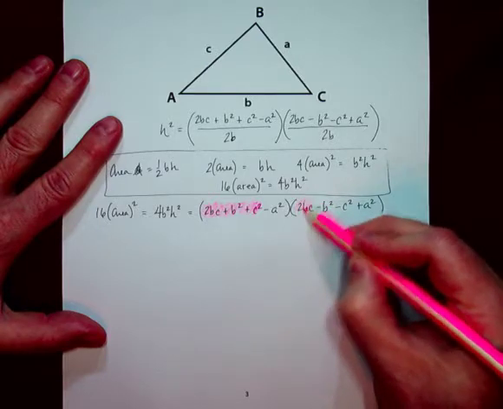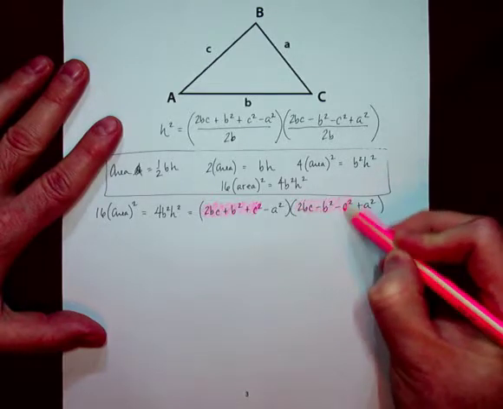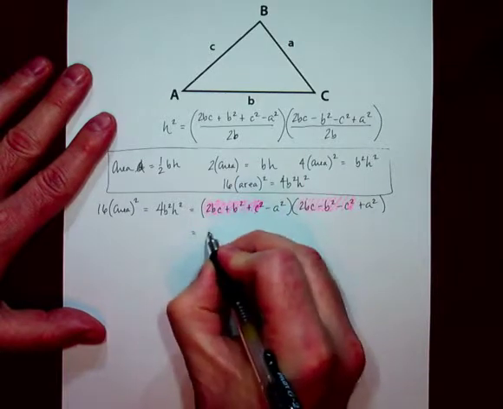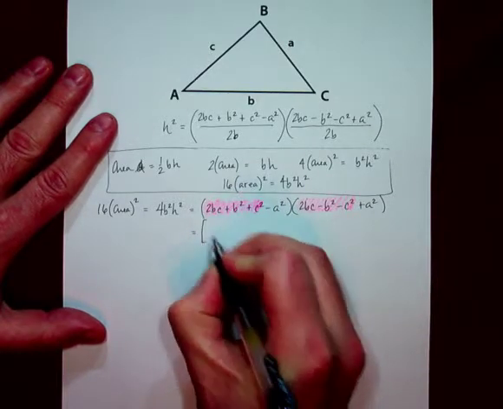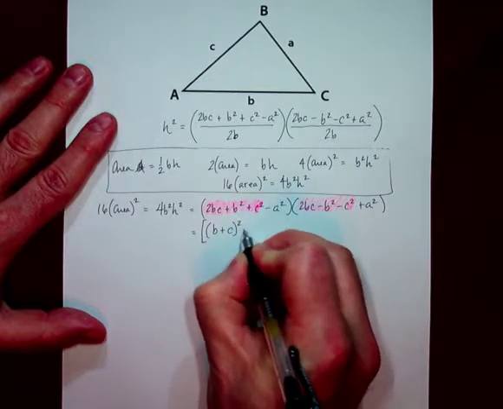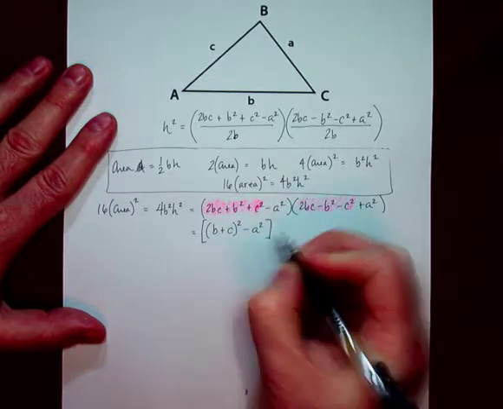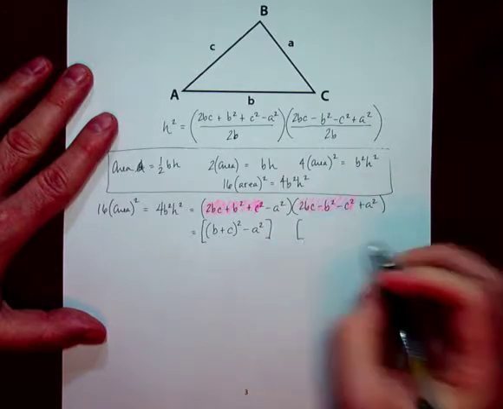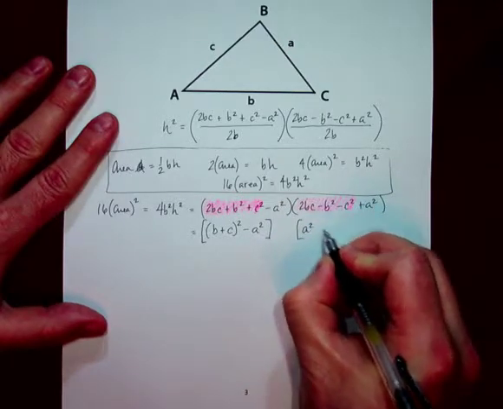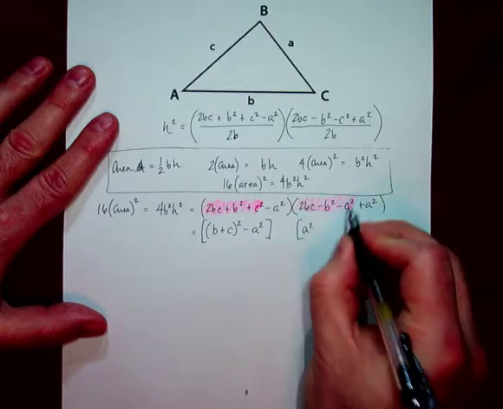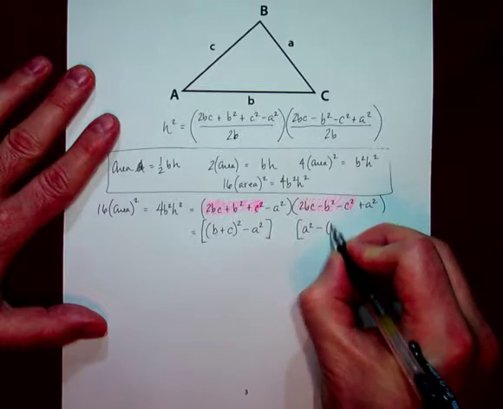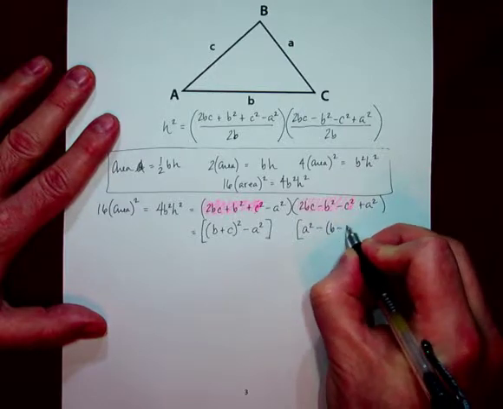These are going to combine also into a perfect square trinomial. And so this winds up being b plus c squared minus a squared, and this over here winds up being a squared, because a squared is positive, and then if I factor a negative out of all three of those, what I'm going to get is b minus c squared.